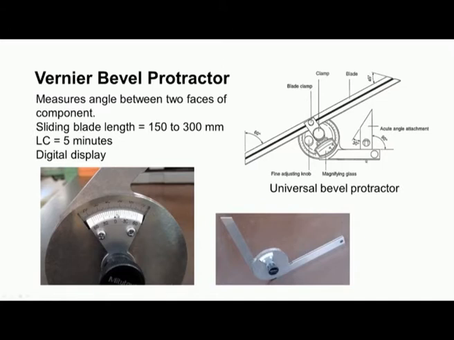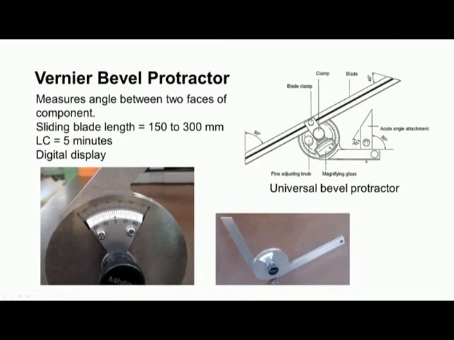Like this, each degree is divided into 12 parts, so each part represents 5 minutes. Now, this is the body which contains the rotary scale as well as the vernier, and then there is a clamp to clamp the blades at any desired angle.